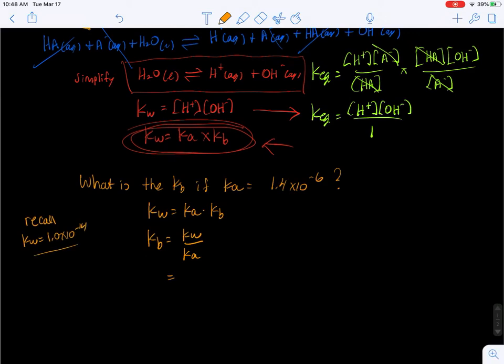It's a constant at 20 degrees Celsius. So 1.0 times 10 to the minus 14 over Ka, which is given, 1.4 times 10 to the minus 6. That's going to be equal to 7.1 times 10 to the minus 9. Okay, so that's Kb.